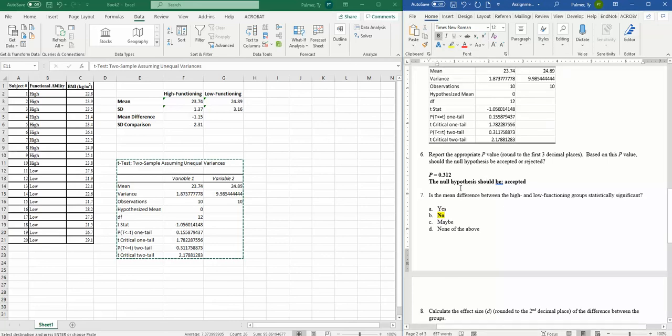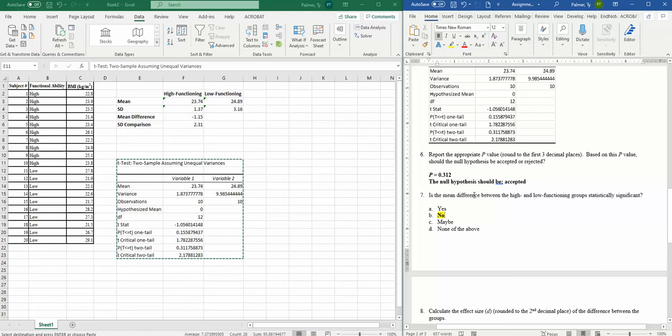So based upon our answer for question 6, that's going to dictate our answer for question number 7. Again, it could be the same or different for your data. If you're rejecting the null, that means the mean difference is statistically significant, and you would answer yes for question 7 if the p-value was less than 0.05.